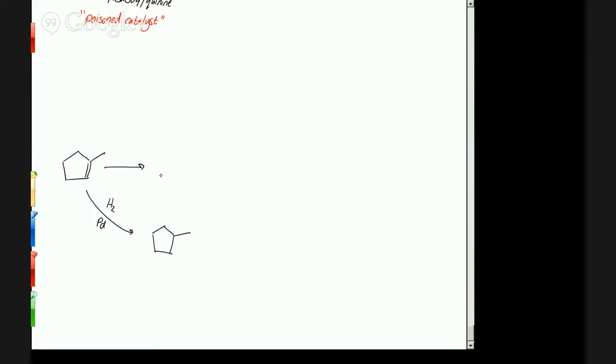So water in the presence of acid gets us this kind of a product. Hydroboration. Yeah, hydroboration is going to give us the opposite of the regular hydration.